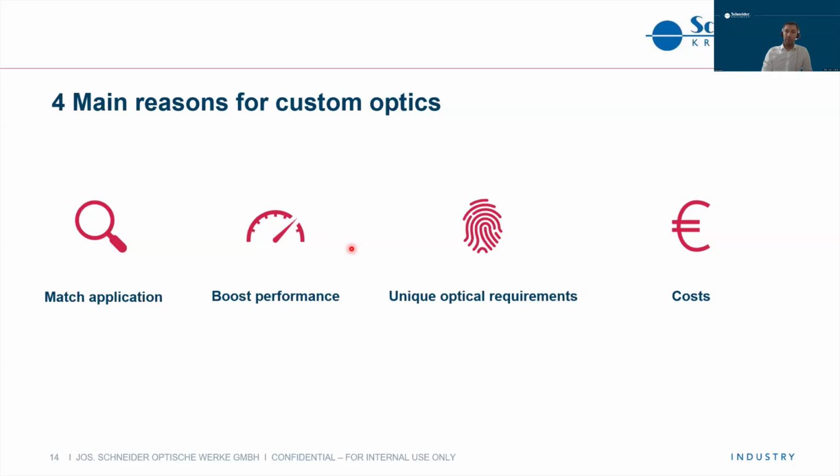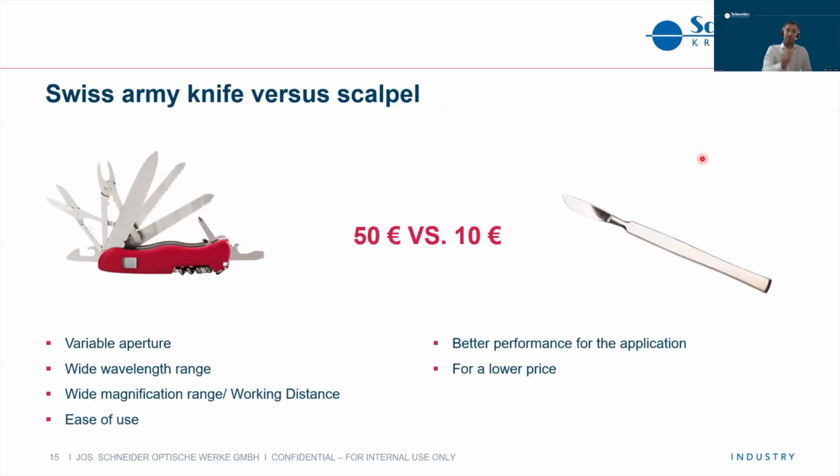There is no lens in the market existing already, and they want to have this kind of unique lens and create a brand new lens for it. Or they want to optimize the costs. And that's one part which is not always known, that a custom lens doesn't always mean expensive. A custom lens can actually save a lot of money.